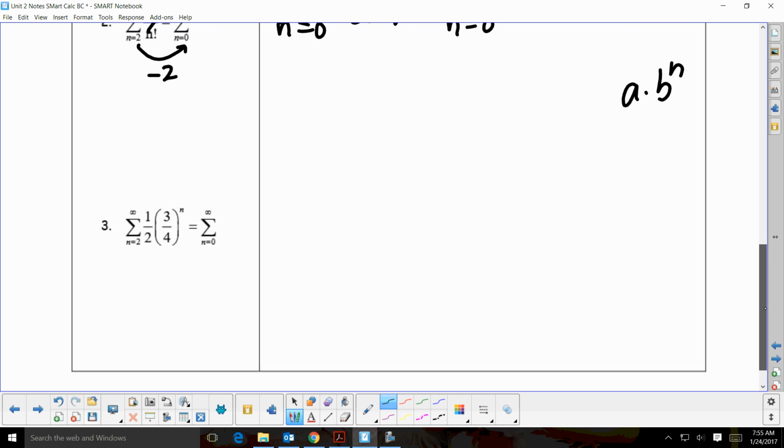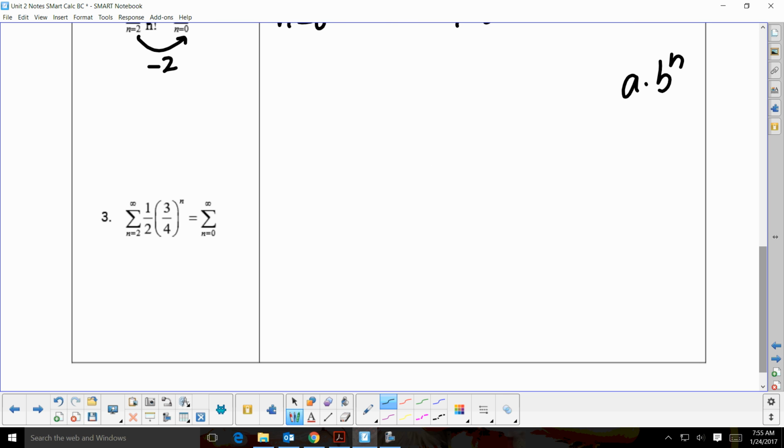So that's what we're trying to get it to. Okay, and last one. And again, try to get to that a times b to the n form.